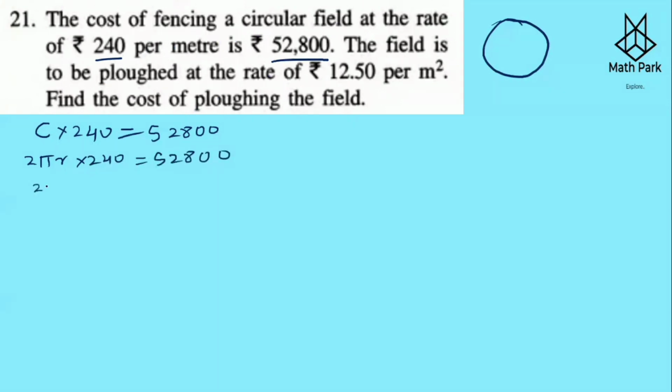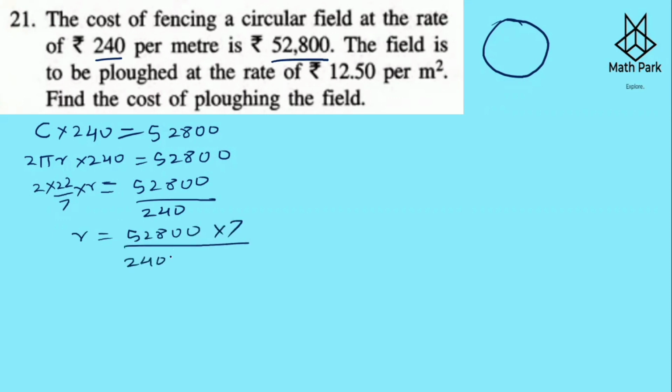So you get 2 times 22 by 7 into r is equal to 52800 upon 240. So you get r is equal to 52800 into 7 upon 240 into 2 into 22.